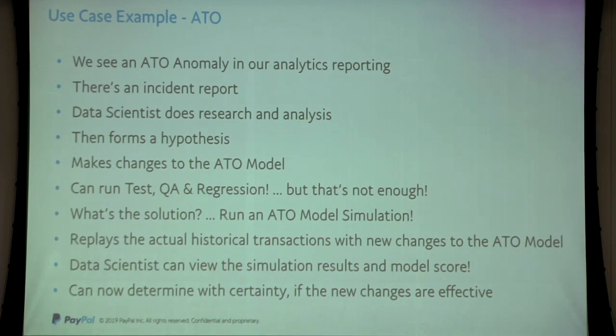There's been a certain level of account takeovers, and they can come from social engineering attacks like phishing, spear phishing, or various other ingenious or nefarious ways of taking over a person's account. That's going to show up on an incident report, and that's then going to go to a data scientist, who's going to do his research and analytics, and do the magic that they do.